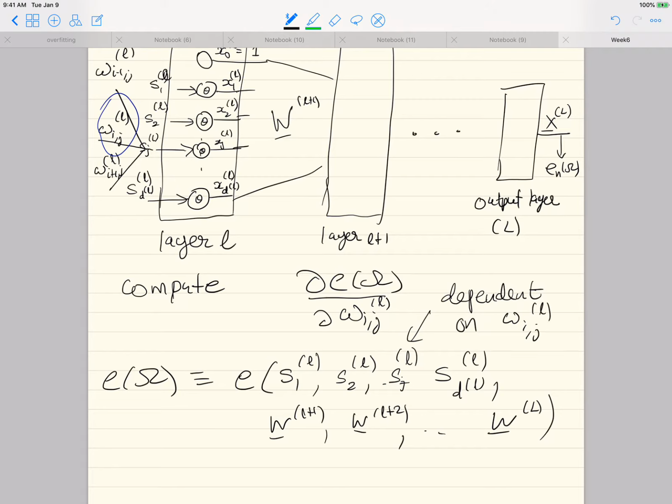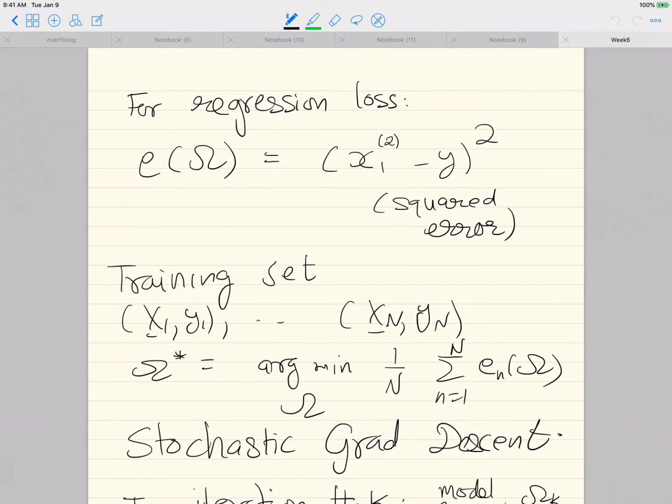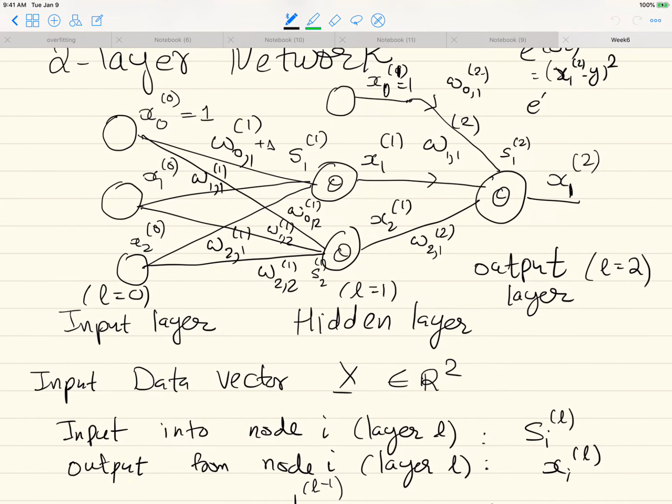What about WL plus 1? Are these weights dependent on Wij of L? No, there are some other parameters in the network, right? Your neural network has all these weights. So if you go back to this example, there were 9 weights in this neural network. If I change this, it's not going to change. It might change the values going down, but it's not going to change the weights. The weights don't change, right? These are just other parameters.